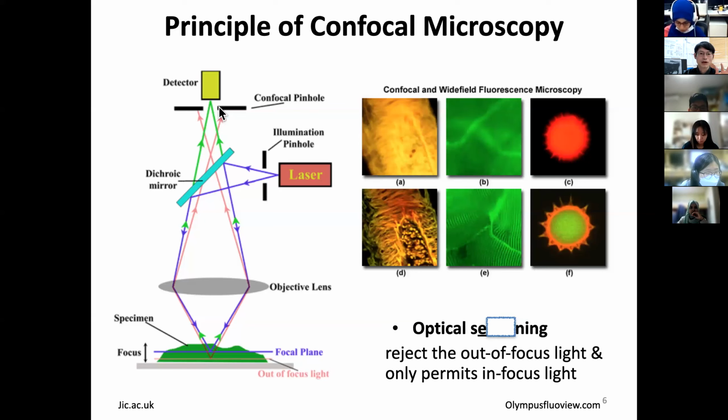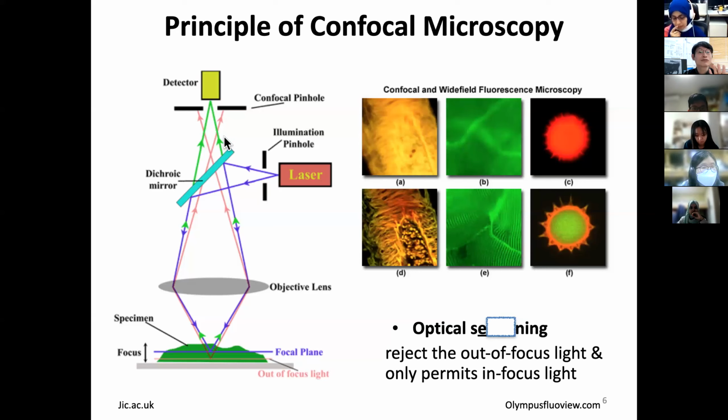So how to block this out of focus light is a question. And the answer is quite obvious in this geometry. Because that focal plane light is making focus here, why don't we put a tiny, tiny pinhole over there? Which allows the light from the focal plane, but blocks most of the light from the out of focus.